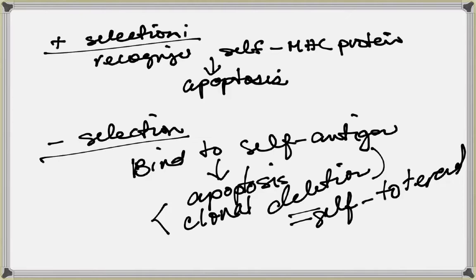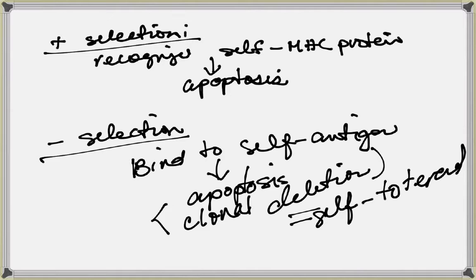So positive selection, they're like, okay, we want to make sure that you have this particular protein on you that says that you are a T cell. If you don't have this, you can't pass. But we also want to make sure that you're not going to later go cuckoo and end up killing yourself or other T cells.